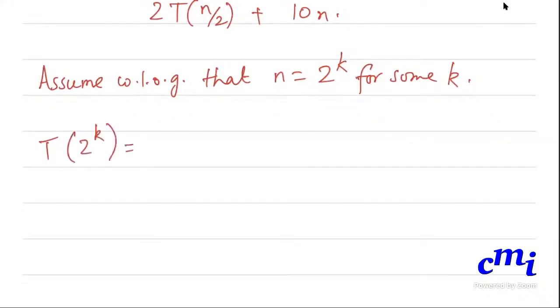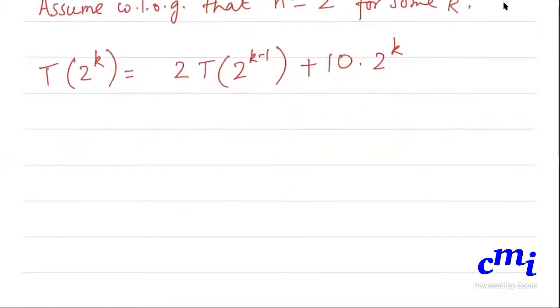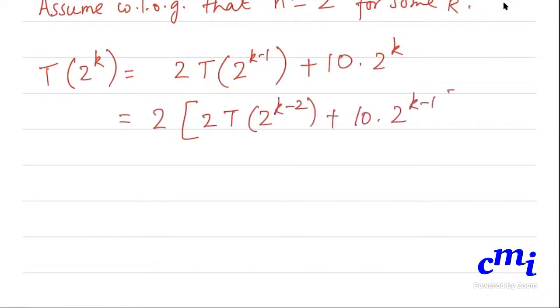Now let us look at T(2^k). T(2^k) is what? 2 times T(2^k divided by 2). 2^k divided by 2 is what? 2^(k-1), right? Plus 10 into 2^k. Leave it at that. If you expand this further, what will happen?